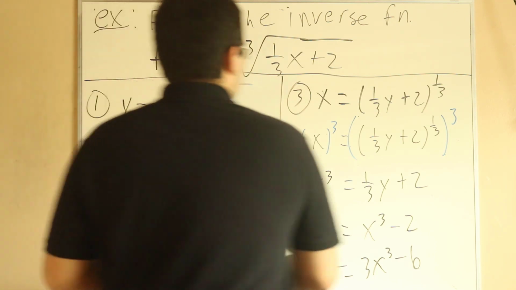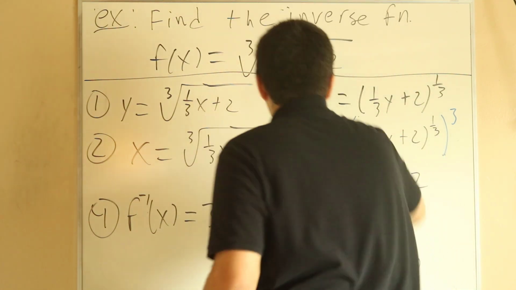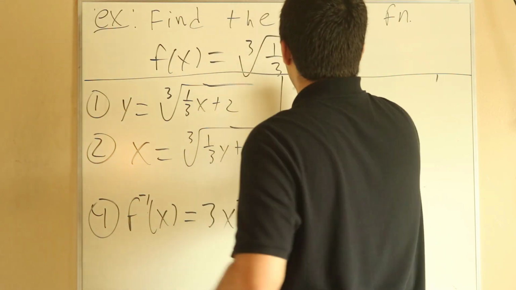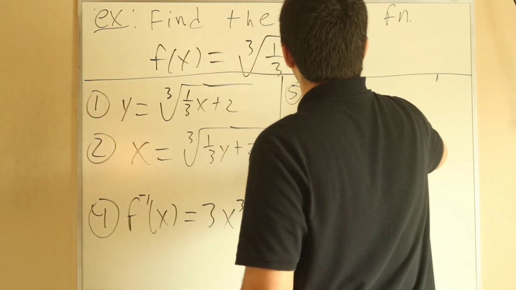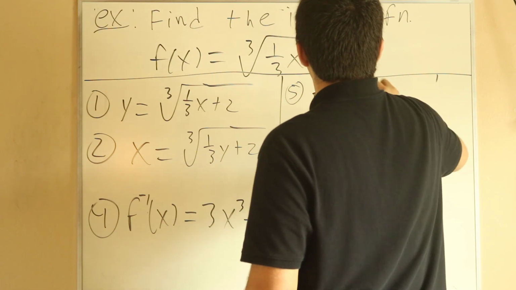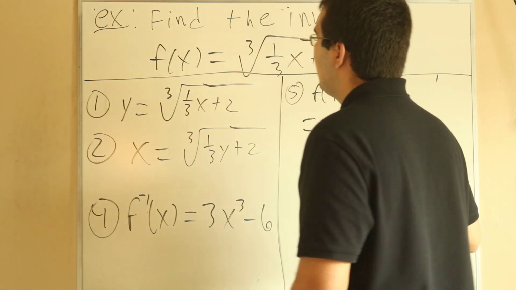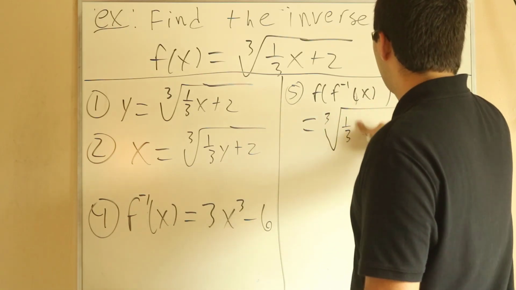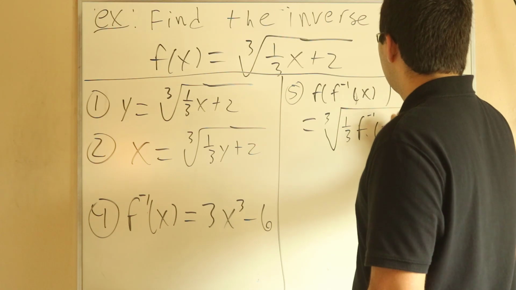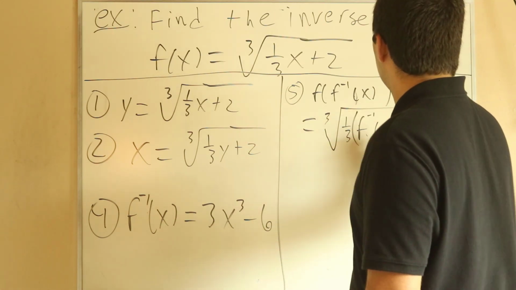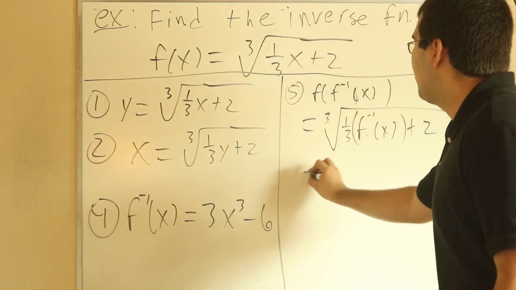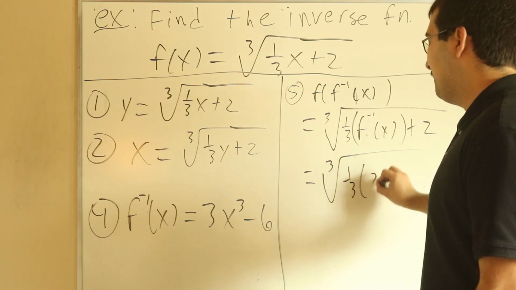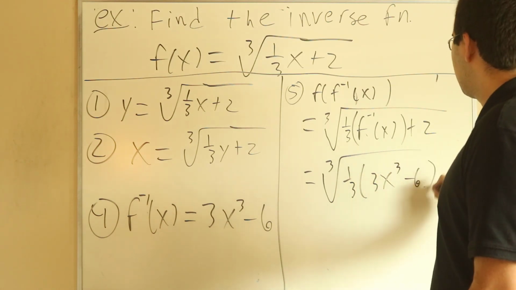Okay, so let's go ahead and do our check. For step 5, I'm going to take the composition. So what I get is the cube root of 1/3 times f inverse of x plus 2. Then plugging in my inverse function, I get the cube root of 1/3 times 3x cubed minus 6, plus 2.